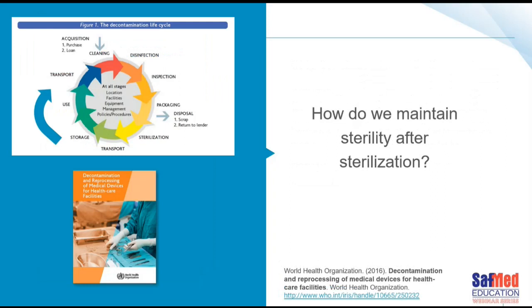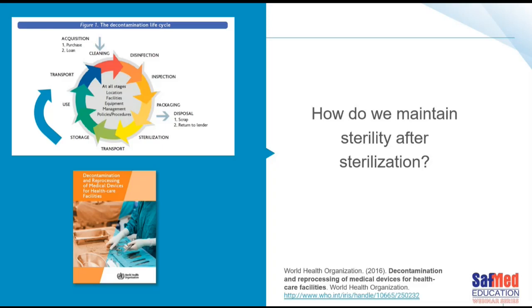We all know, because this is what we do for a living, that a reusable surgical instrument or device has to undergo a number of reprocessing steps in order to render it safe to use on a patient. So we all begin, you know it quite well, with cleaning, with disinfection, with inspecting, with packaging, with sterilization. But what happens next?